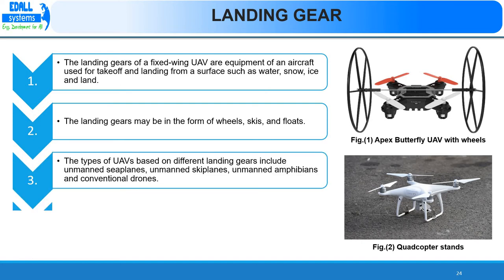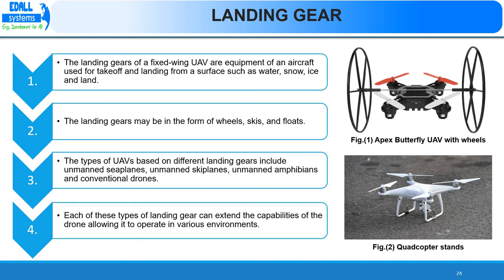Based on different types of landing gears, we have different types of UAVs such as unmanned seaplanes, unmanned ski planes, unmanned amphibians, and conventional drones. All these types of landing gears allow the drone to operate in various environments.